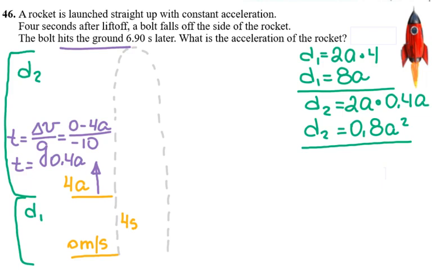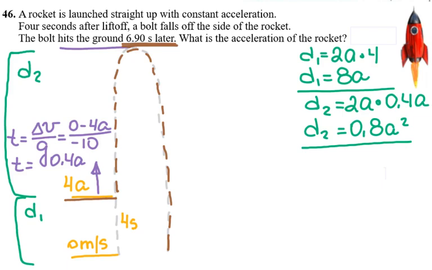Okay, now they tell you that, let me switch to a different color again. I'm going to do brown. The time it takes for it to fall on the ground is 6.9 seconds. So from the moment where it gets lost from the rocket to the moment it falls down is 6.9 seconds. So this path is 6.9 seconds.